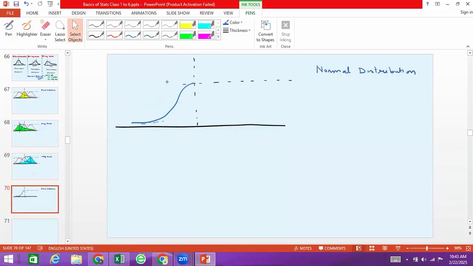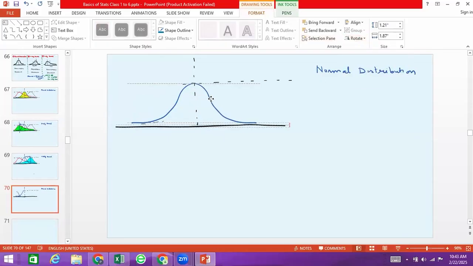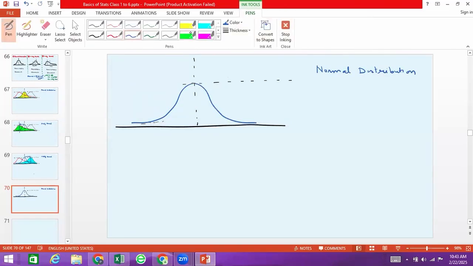The next kind of deformation is when the peak moves in the vertical direction.